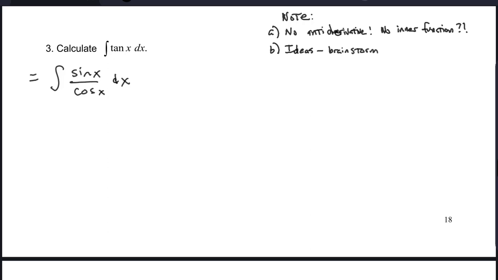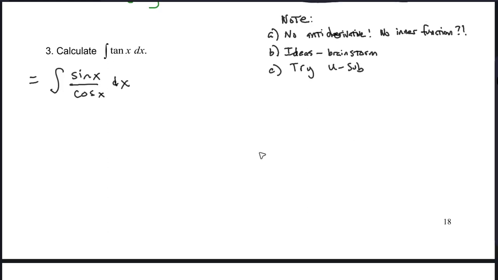So, okay, what could we possibly try? Well, let's try the substitution. And I see, okay, what are my choices here? All right, I'm going to take a shot in the dark here. Let's just get something started. Let's do u equal to sine x. And while I'm at it, I'm going to get my du, which, derivative of sine is cosine x dx.